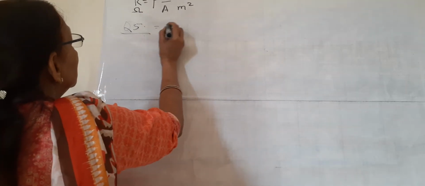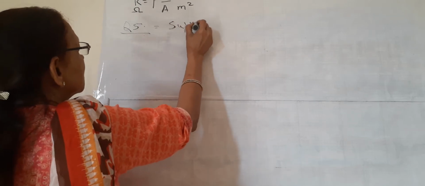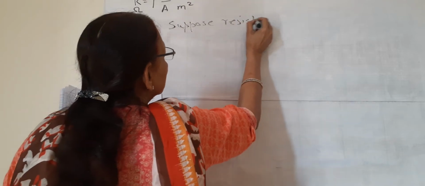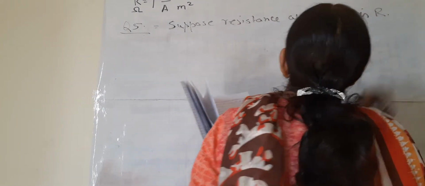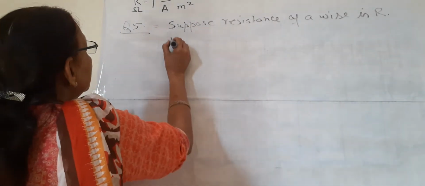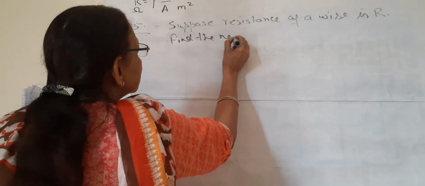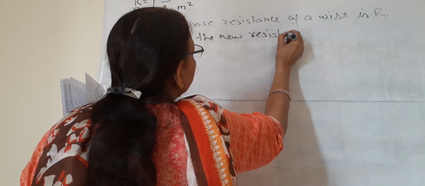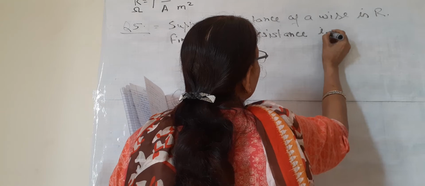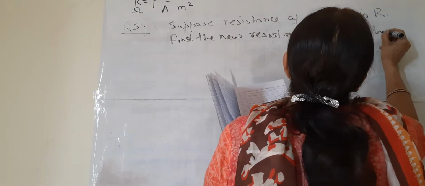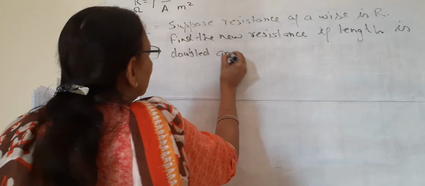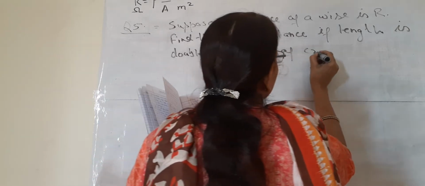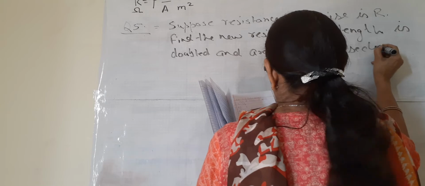The question is, suppose resistance of a wire is R. Find the new resistance if length is doubled and area of cross section is halved.